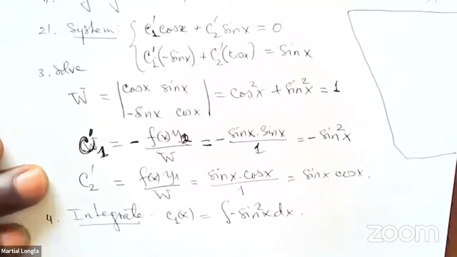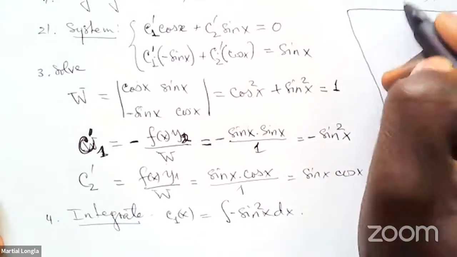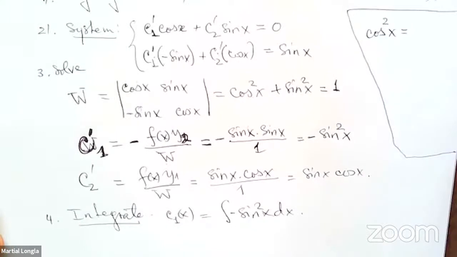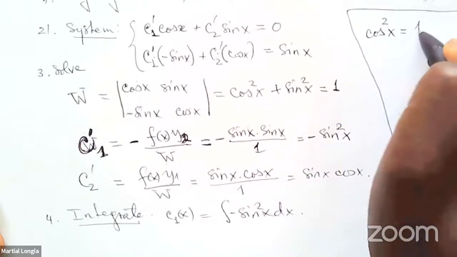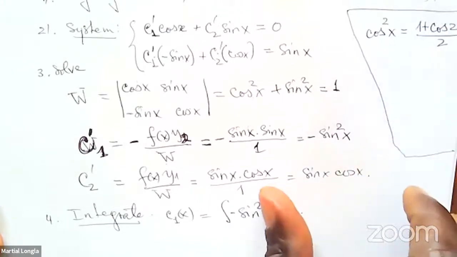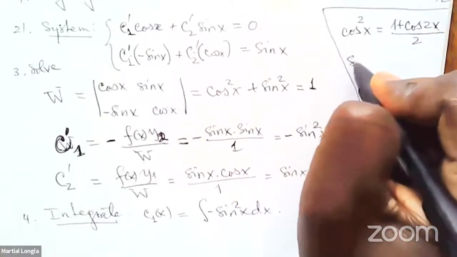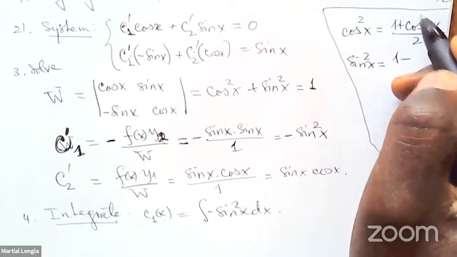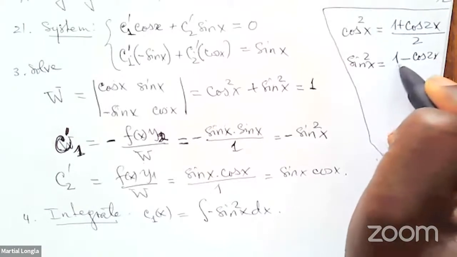You cannot integrate it unless you use the half angle formula, which states that cosine square x is equal to 1 plus cosine of 2x over 2, and sine square x is 1 minus cosine 2x over 2.